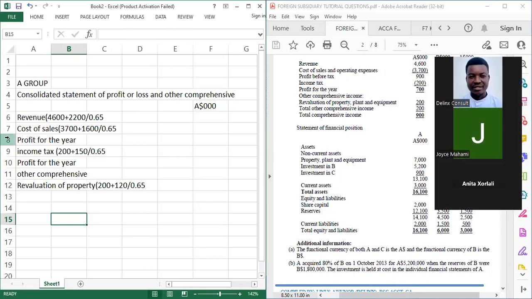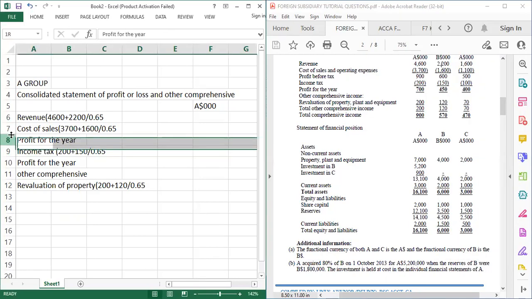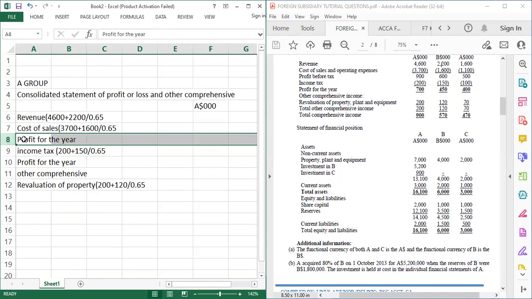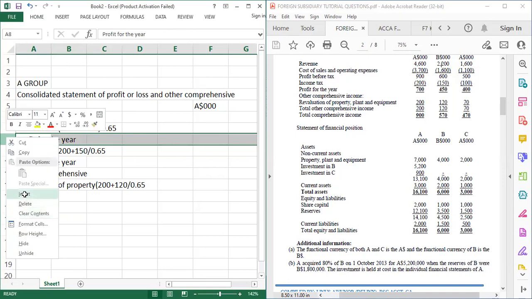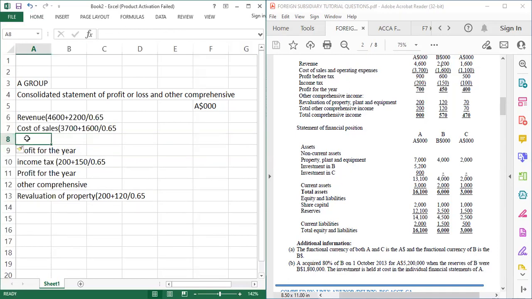Okay, I have forgotten something. We need to show the share of associate profits. The parent is going to have the share of the associate profit for the year.